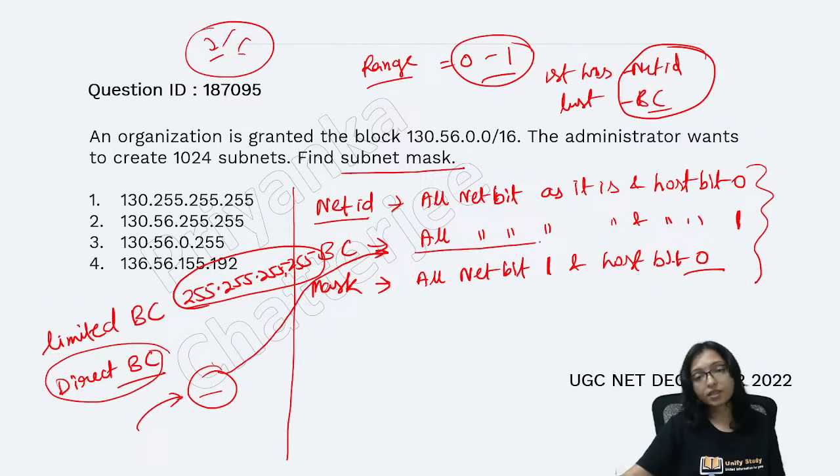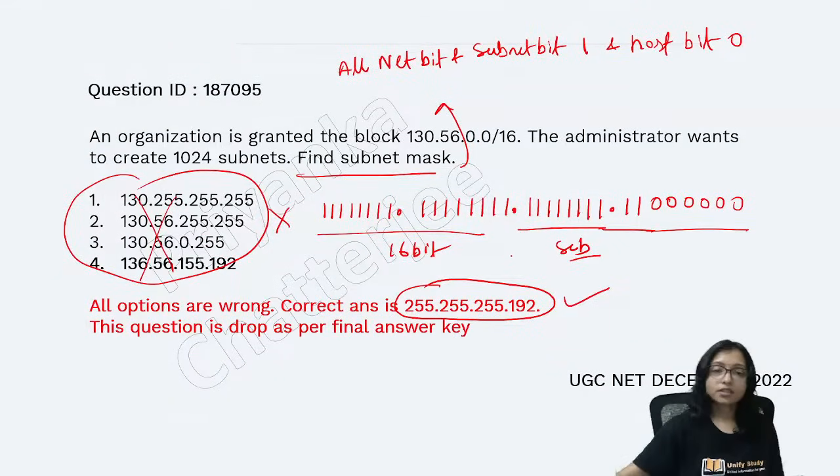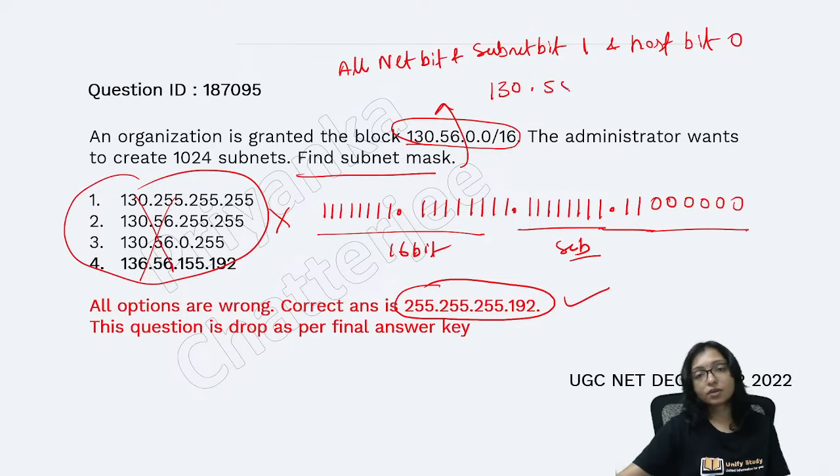That is all net bits as they are and host bits 1. That is the way you have to do the direct broadcast. That is what we have calculated here. This is actually your mask. If you are asking about the direct broadcast for this one without subnetting, then the direct broadcast will be 130.56.255.255.